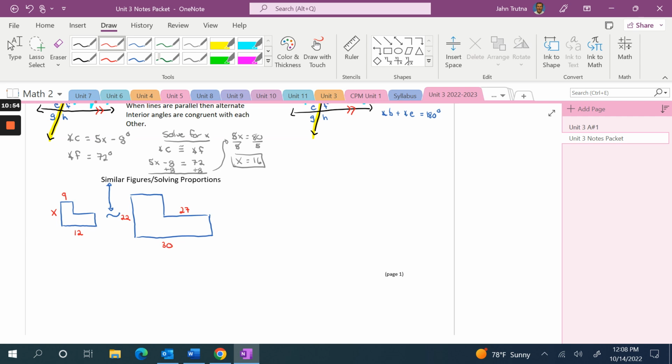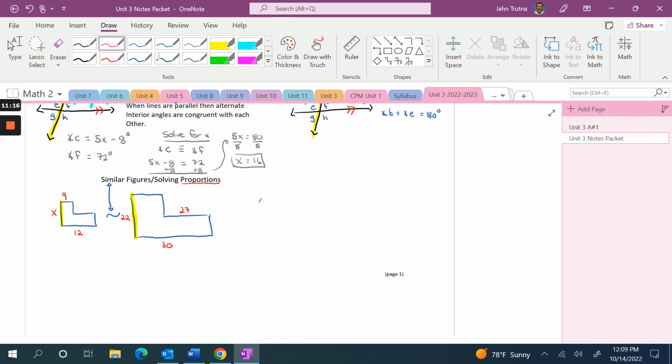Because these shapes are similar, we are going to write a proportion. What a proportion means is that we're going to compare sides. The side in the small shape, which is X, corresponds with the side in the big shape, which is 22.